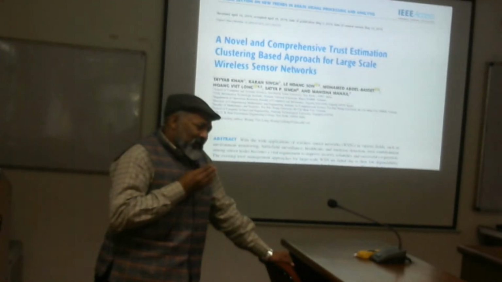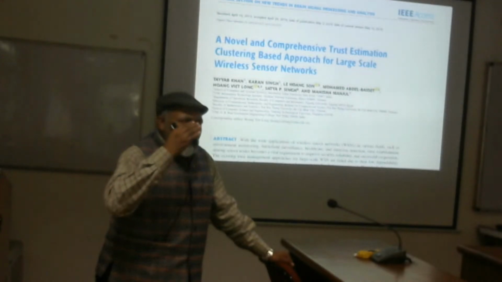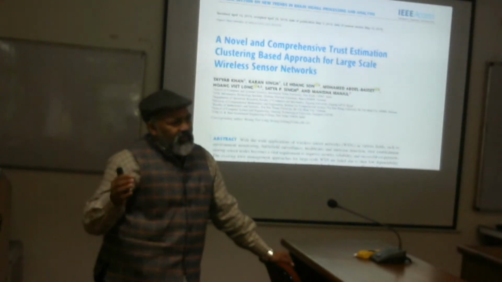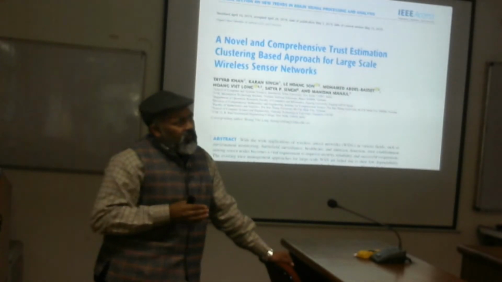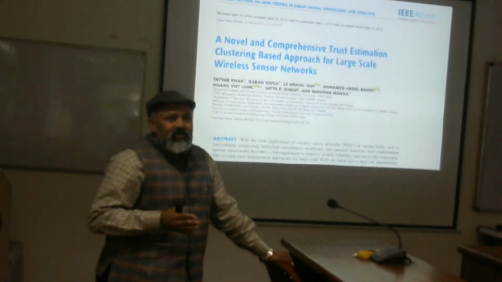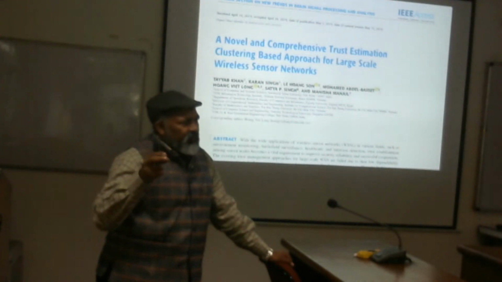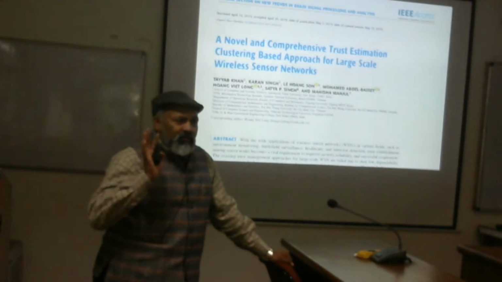Then in IEEE there are transactions. So this is the list of the journals and IEEE transactions. If we say science or computer science, IEEE is number 1, along with ACM. In journals, Nature is number 1.